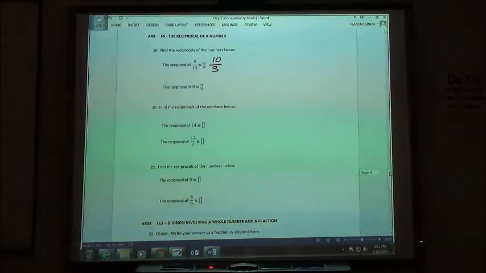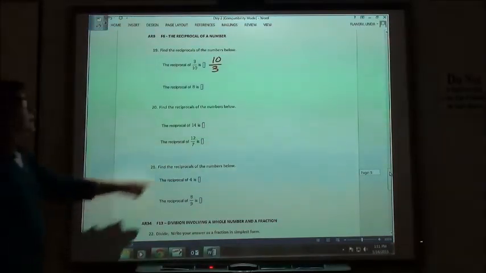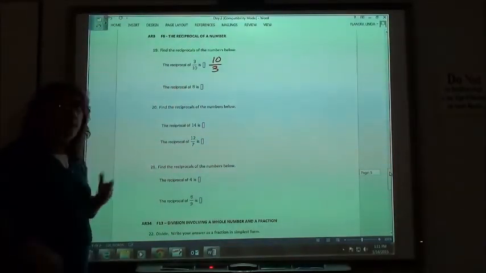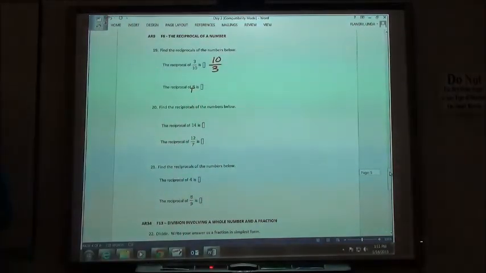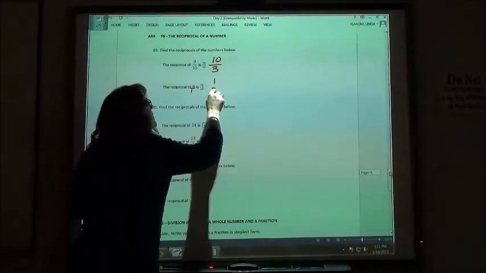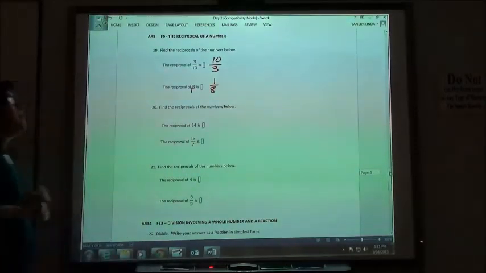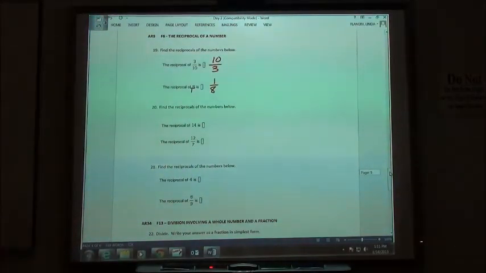Now when I have a whole number, if I have the whole number 8, to make it a fraction I have to put it over 1, right? So if I have the fraction 8 over 1, its reciprocal then is going to be 1 over 8, exactly. So anytime I have a whole number, its reciprocal is going to be a unit fraction, with a 1 on top.